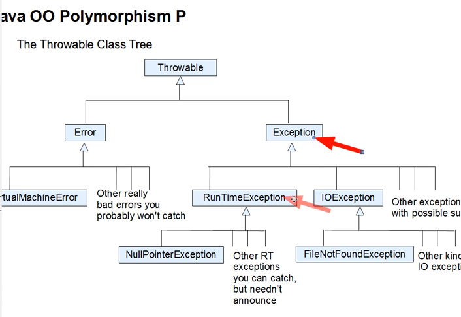Under Exception, there is a further subclass, RuntimeException, for runtime bugs like NullPointerException that are your code's fault, but are routine bugs that you probably won't catch as exceptions either. There are also many other inheritance branches under Exception, like IOException, for instance, and its many subclasses.